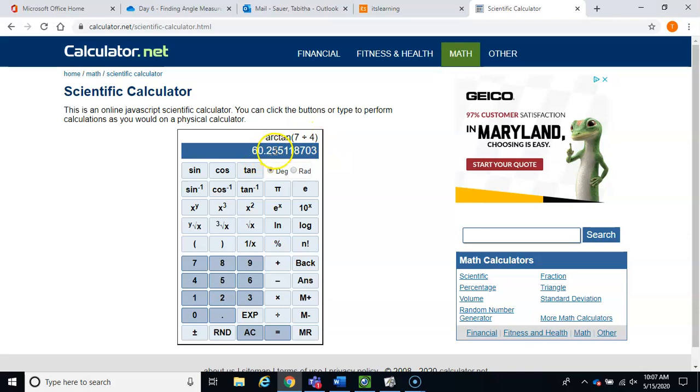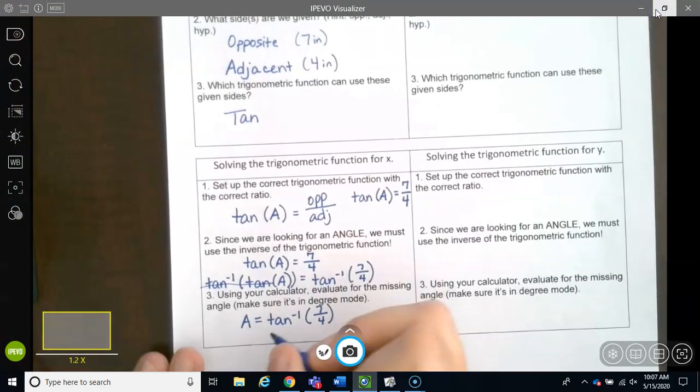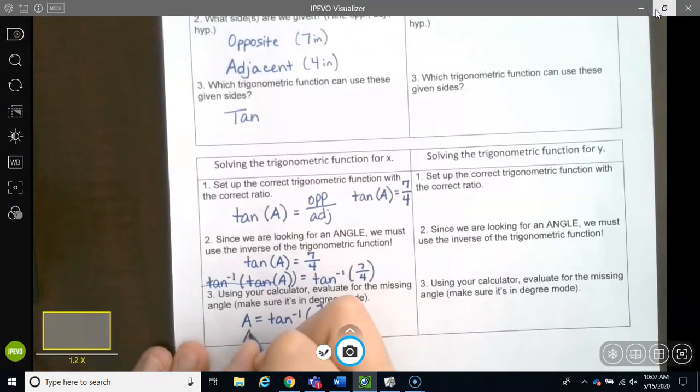If it's 0.25, then this 5 tells us we need to bump up that 2 to a 3. So it's 60.3 degrees. So going back to our paper, angle A is equal to 60.3 degrees.